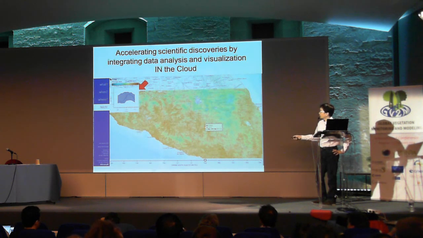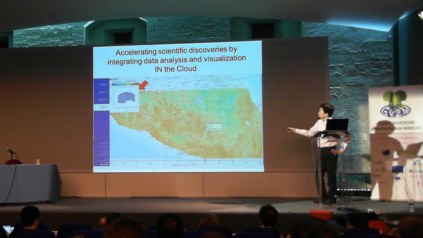This is Mexico for evaporation, and I can move using the mouse. The upper and lower limits of the evaporation indicate this region, and this black line shows the seasonal variation of evaporation for this pixel.